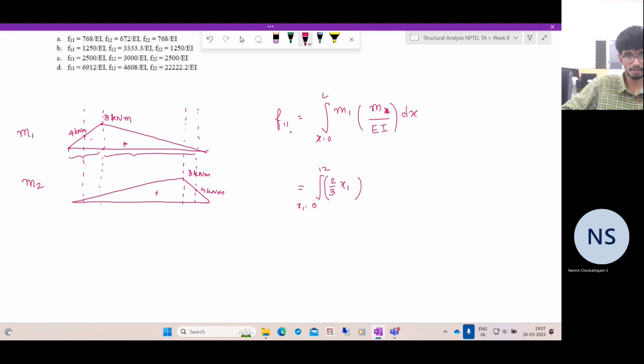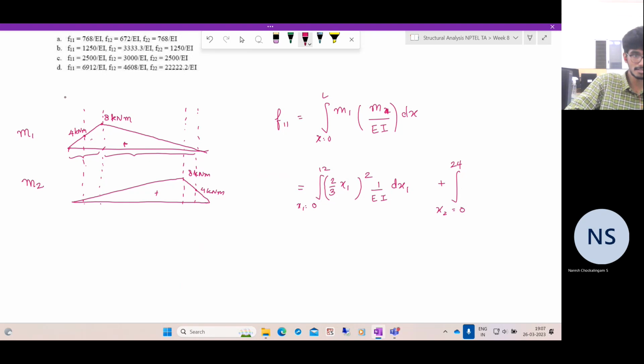So we are looking at F11. M1 is again 2 by 3 x1, so whole square, again we have 1 by EI dx1, plus x2 going from 0 to 24. What is the function here?